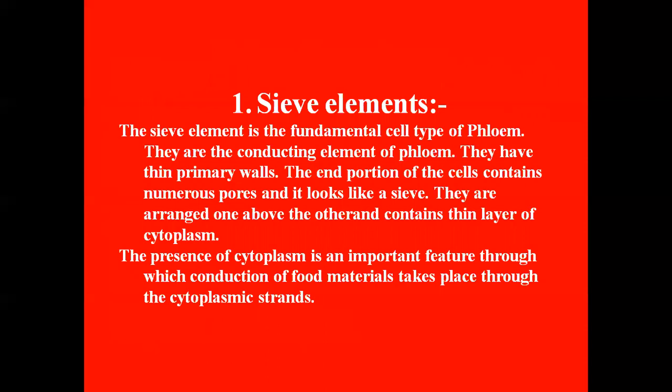The end portion of the cells contains numerous pores and it looks like a sieve. They are arranged one above the other and contain a thin layer of cytoplasm. The presence of cytoplasm is an important feature through which conduction of food materials takes place through the cytoplasmic strands.